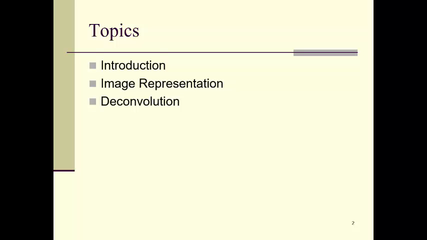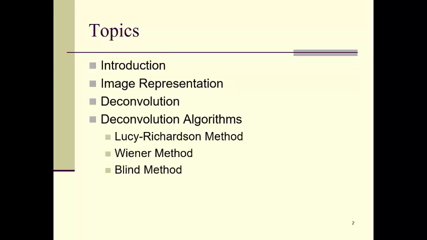So for the techniques of the deconvolution that we will look at, we'll have three main techniques. We have something that's called the Lucy-Richardson method, we have the Lyman method, and we have as well something that's called the blind method. Okay? In the first two techniques here, I am assuming that I know some information about the cause of the distortion or the cause of the degradation of the quality.